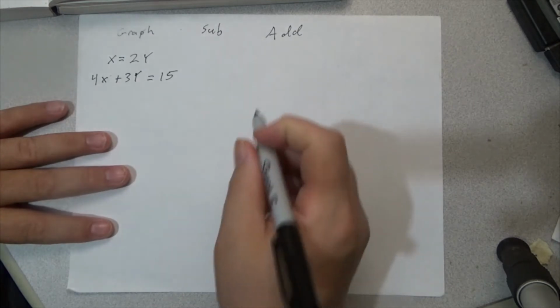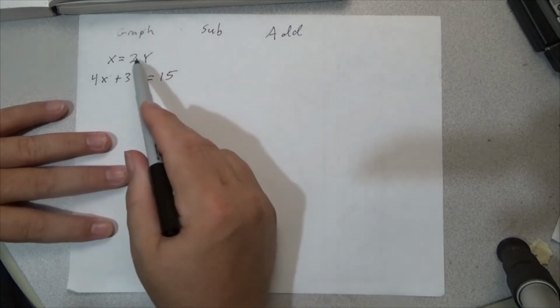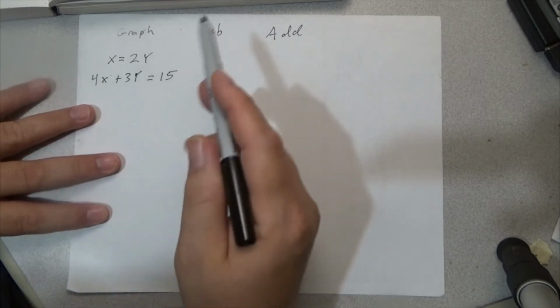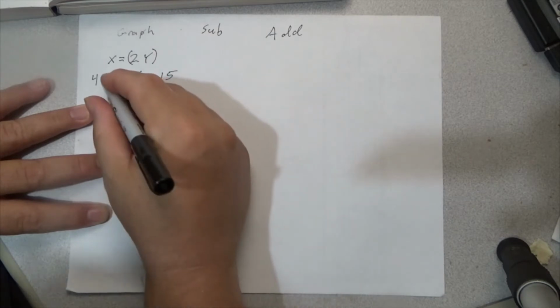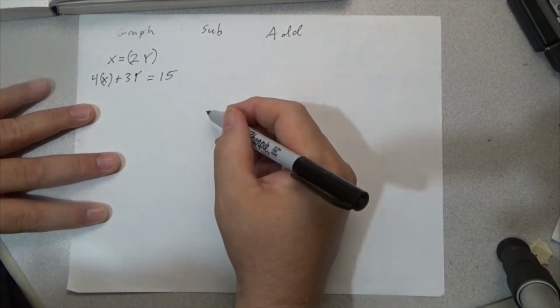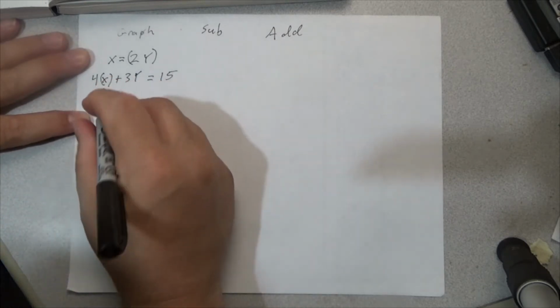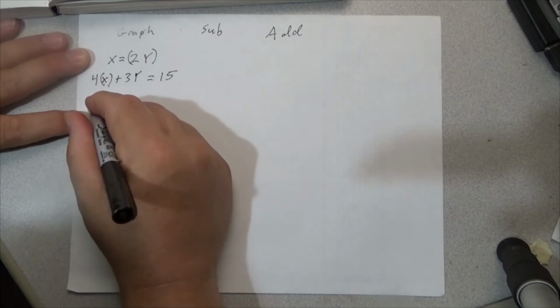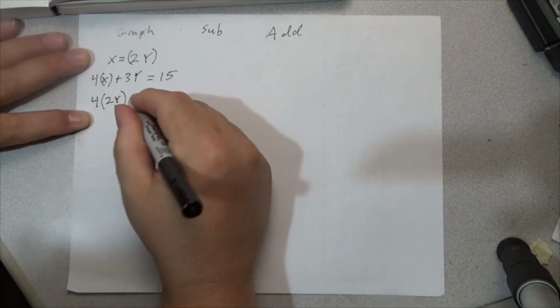Now, one equation is already solved for one of the variables. This equation is already solved for x. So if x equals 2y, then I can put whatever x is equal to in for x in the other equation.